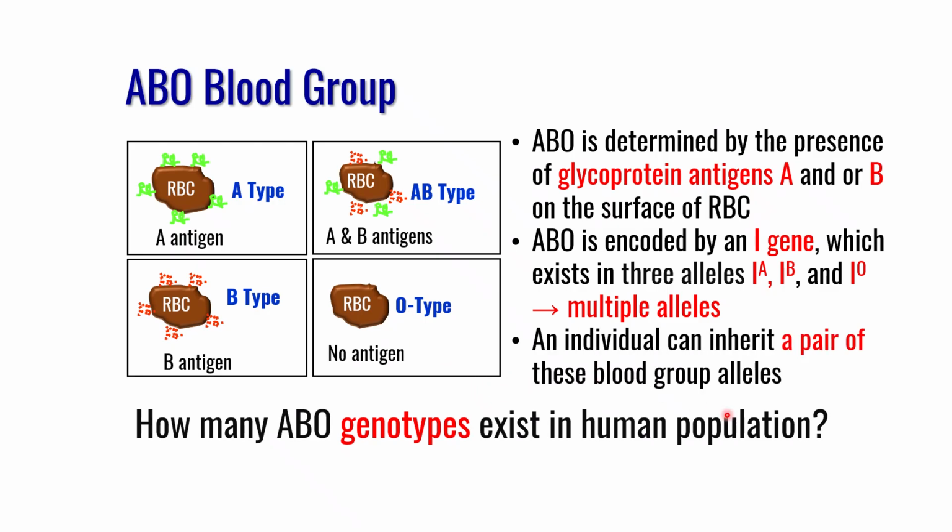However, an individual inherits a pair of these blood group alleles. So the question is, how many ABO blood group genotypes exist in the human population? We will use the Punnett square method. So you have ABO alleles from the female and these are from the male.